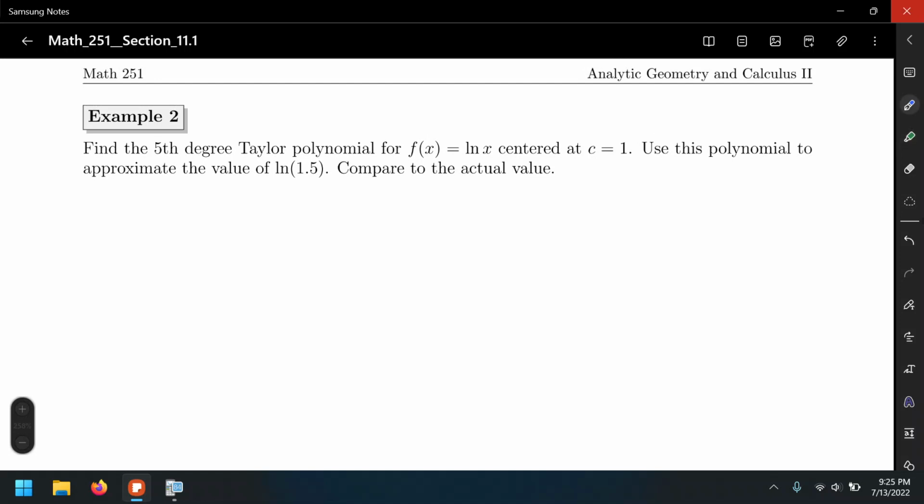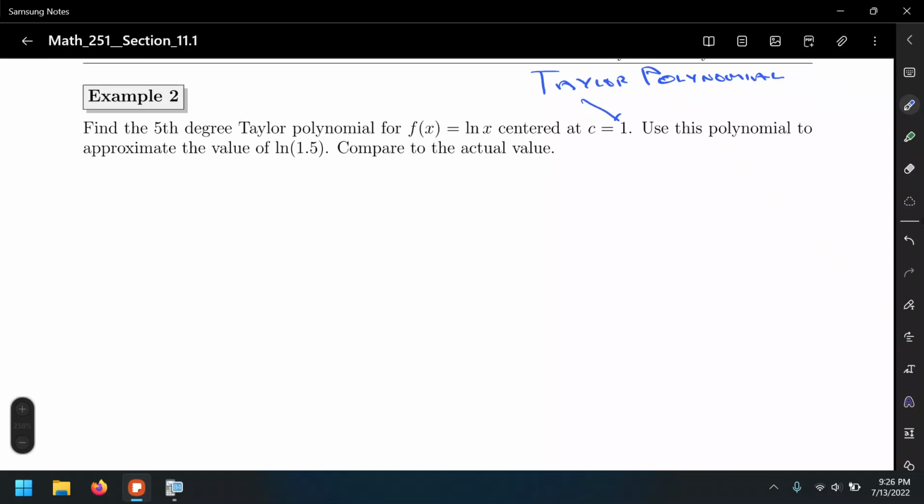That means in this case, because the center is a number other than 0, this is a Taylor polynomial, as opposed to the Maclaurin polynomial, which is when the center value is at 0. So let's start doing the same as we did before. So f of x equals ln of x. Let's start with the function.